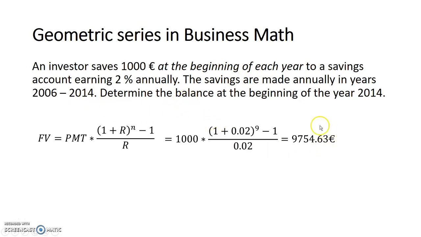So the balance we are just calculating here is also at the beginning of 2014. So it's kind of a built-in assumption in the formula that the future value is at the same time as you make your last deposit. We will talk about more of this issue in the next topic, which is periodic payments.